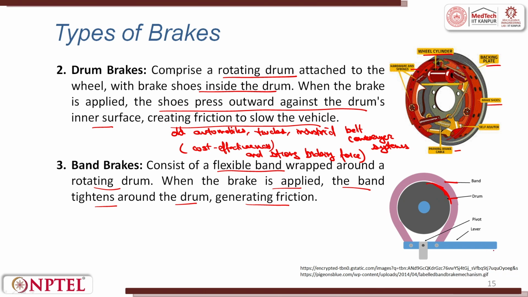When you pull the lever down, this band is tightened, this generates friction and it is tightened around the drum, and this rotating element tries to slow down. These are typically used in hoists, winches, and some industrial machines for controlling rotational speed.